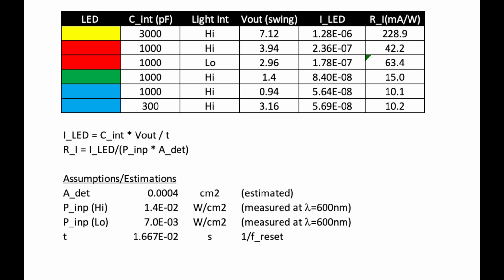Finally, the blue LED was the least responsive of the four LEDs that we measured. I did it at two different integration capacitances, and in this case I got almost the same responsivity, which makes sense. I decreased the capacitance by a factor of almost 3, but I got 3 times the voltage, so effectively that produced the same amount of charge on the capacitors.